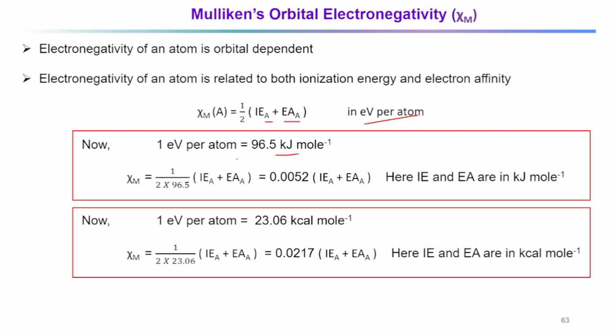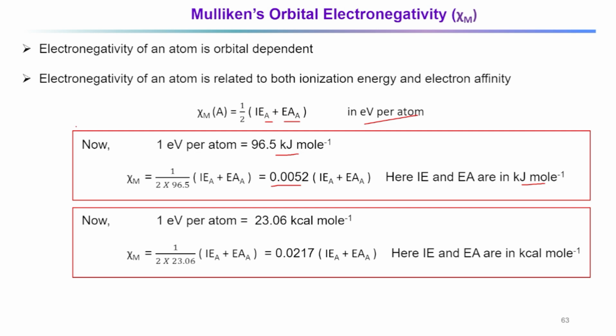You just have to divide it by the factor 96.5 and you will get chi m, or Mulliken's orbital electronegativity, equal to 0.0052 times (ionization energy of A plus electron affinity of A). So here the ionization energy and electron affinity are in kilojoule per mole.